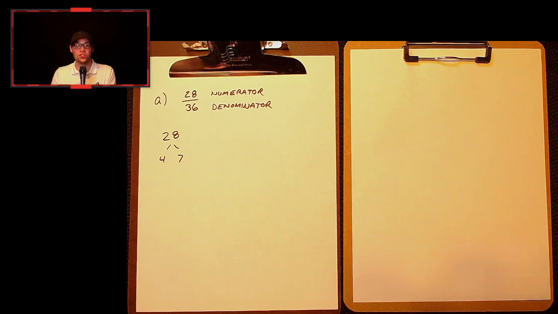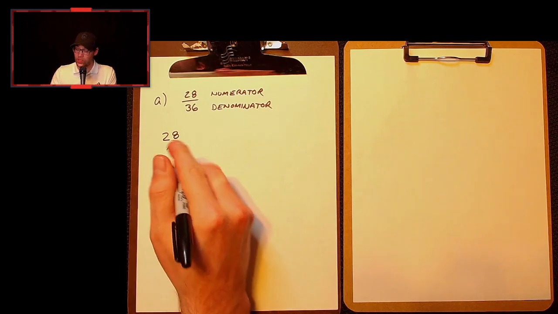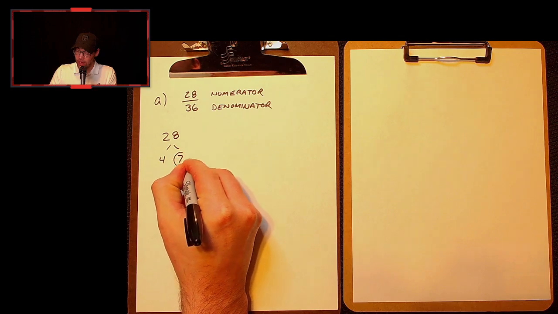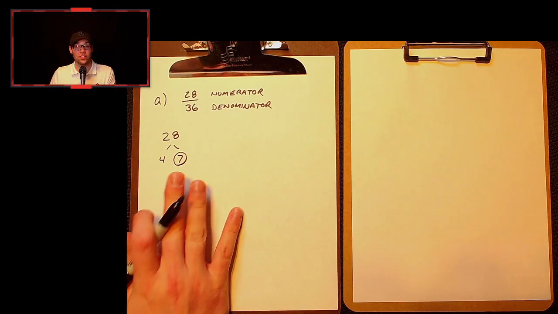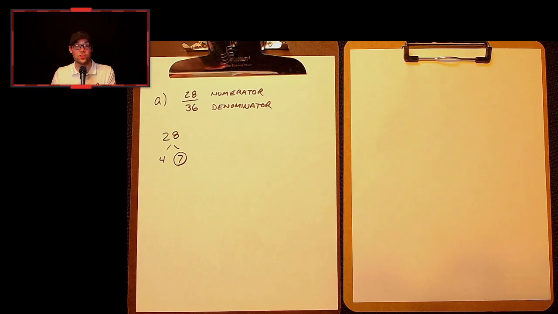A prime number just means there are no 2 integers that we can multiply together to get that number except 1 and itself. So what we see here is number 7 is actually a prime number. The only 2 numbers we can use to break down this number are 1 and 7 itself. So I circle this to let myself know, hey, we are done with the number 7.